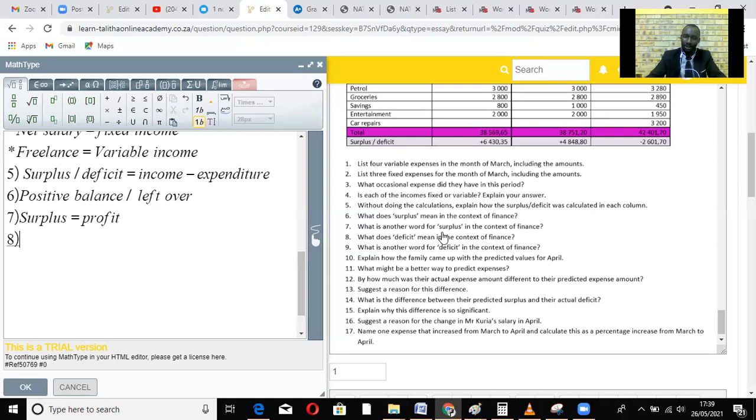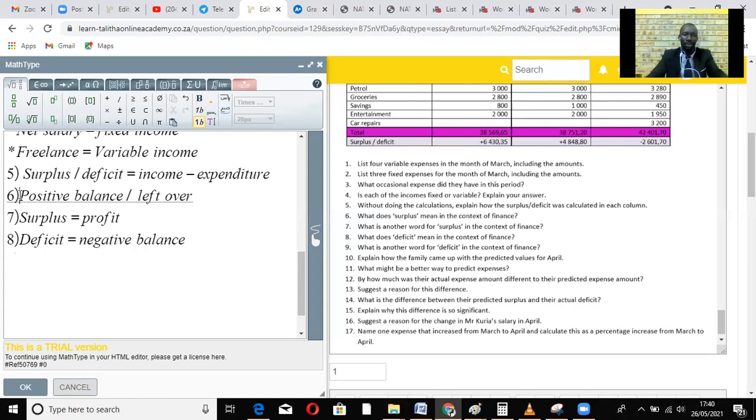Well, in the context of finance, deficit means a negative balance, okay? A negative balance. So we say deficit means negative balance. We write it as deficit equal to negative balance, or not enough money.